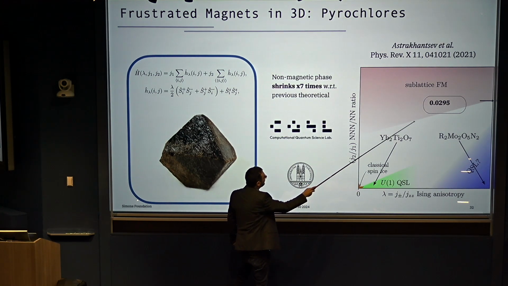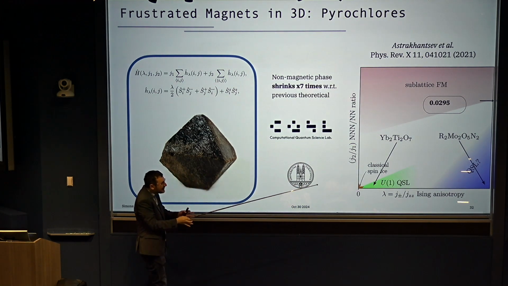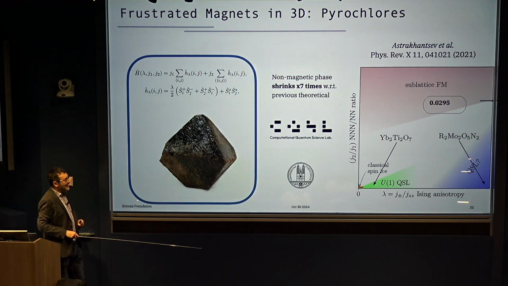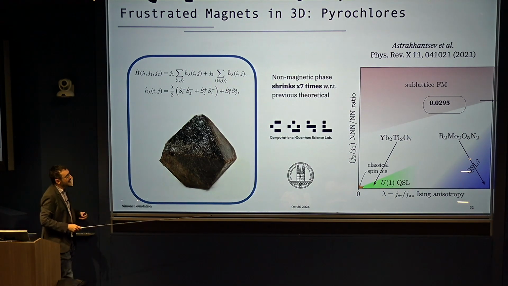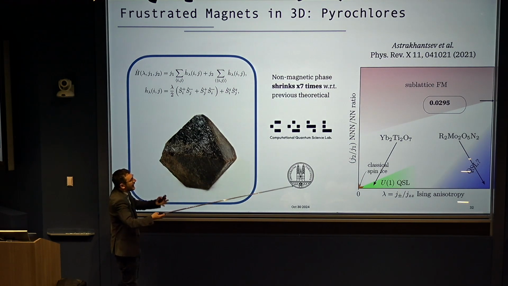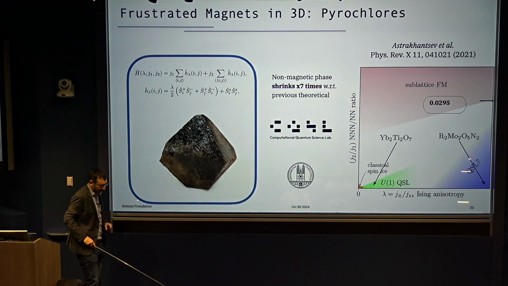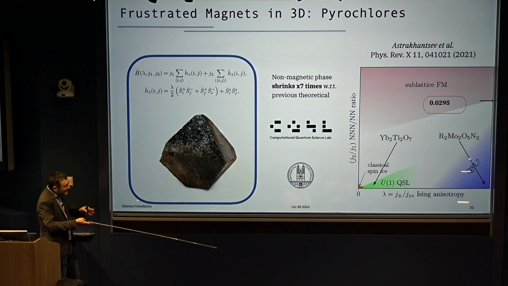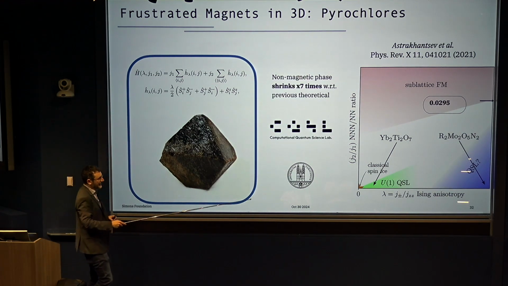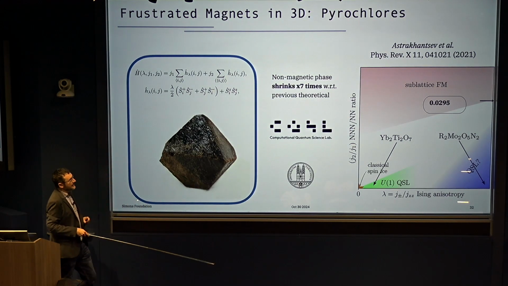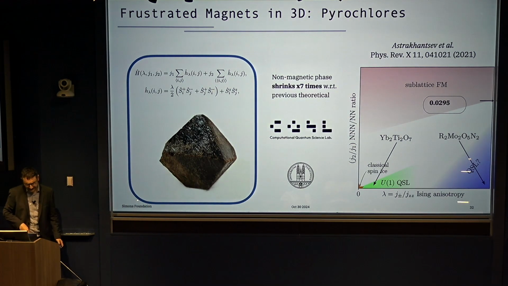But we were able to significantly shrink this region, to the point where we are uncertain about the overall existence of such a phase. In this sense, these approaches allowed us to improve or refine existing predictions to the point where we can really nail down a tiny region of the space of this Hamiltonian where we think this non-magnetic phase could exist.